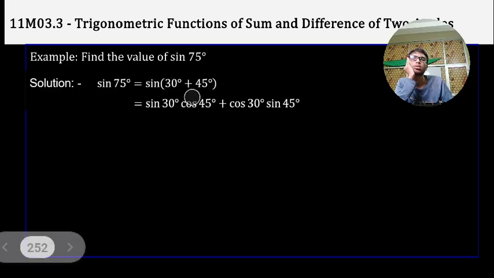Whatever we know here, both should be known, that we know. So 30 plus 45 we know. This is equal to 1 by 2, times 1 upon root 2. Same here, root 3 upon 2, and this would be 1 upon root 2.